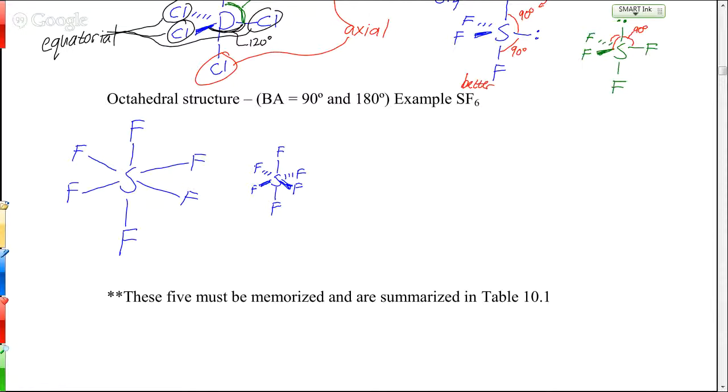So in the octahedral structure, there's no distinction between the equatorial and the axial bonds. If you rotate it, they're always going to be the same. In trigonal bipyramidal, that's not the case. You can always tell the equatorial from the axial because of the bond angles. But here, you've got 90-degree bond angles everywhere, so they all look the same.